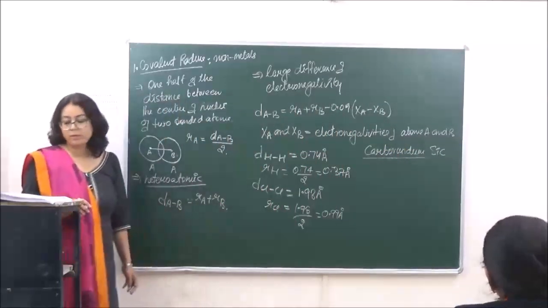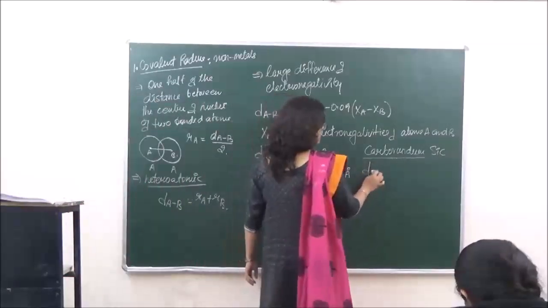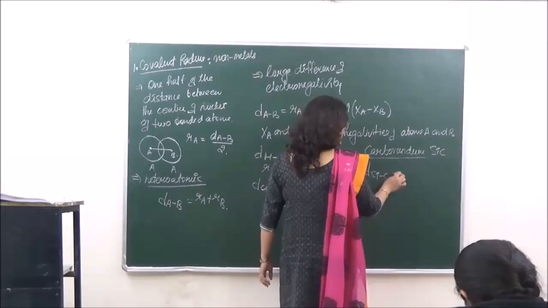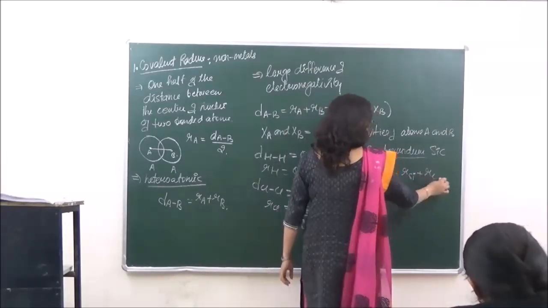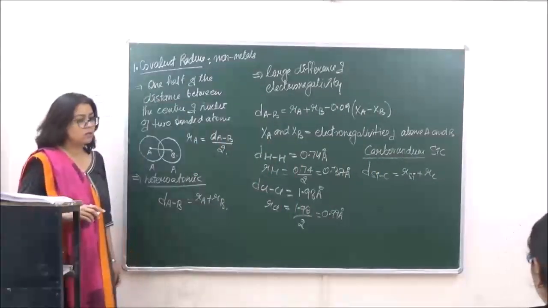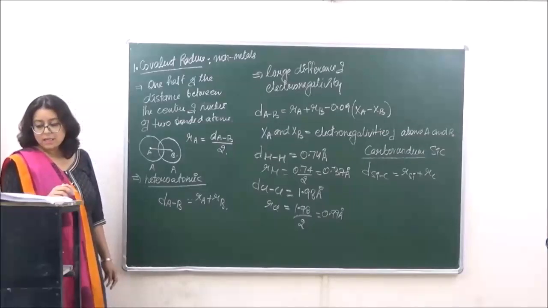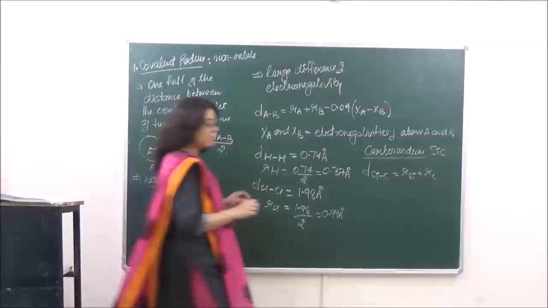That is what carborundum is. Now in this case, the distance Si-C is going to be equal to radius of silicon plus radius of carbon. This is the formula because it is heteroatomic in nature. Okay. Now the distance between silicon and carbon is 1.93.